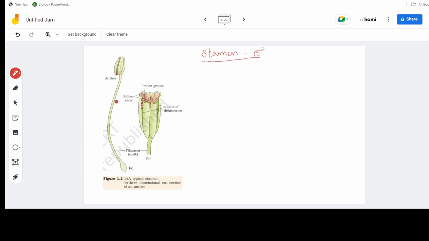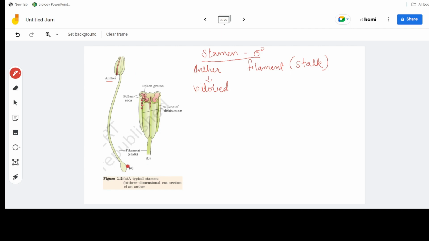Now you can see the stamen has 2 regions, anther and a filament, which is a stalk. Filament is the stalk with which it gets attached to the receptacle, and this anther is a bilobed structure. You can see it has 2 lobes. It is the terminal bilobed structure at the top; terminal means the end.